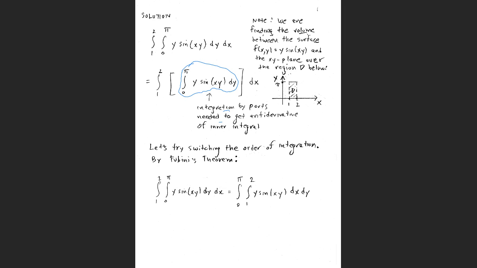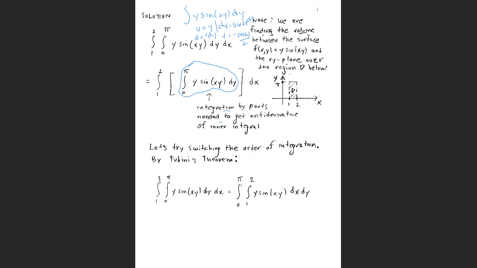Why would that be? Well, if you had an integral like the integral of y times the sine of 2y dy, you'd let u equal y, and dv would equal sine of 2y dy. Then du equals dy, and v equals the antiderivative of the sine, which is negative cosine of 2y, all divided by 2.